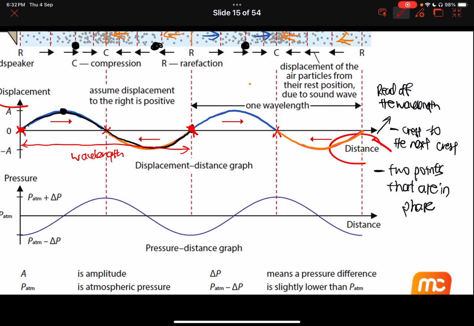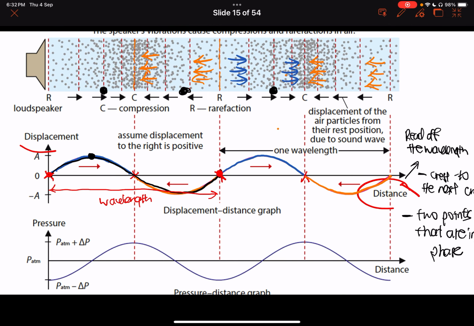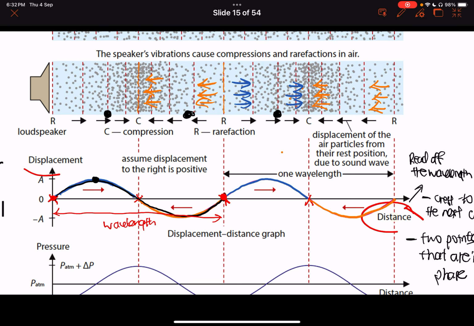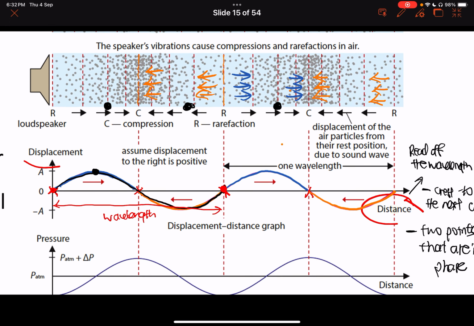Now, we transfer this knowledge from two points that are in phase here, and relate it to the diagram.